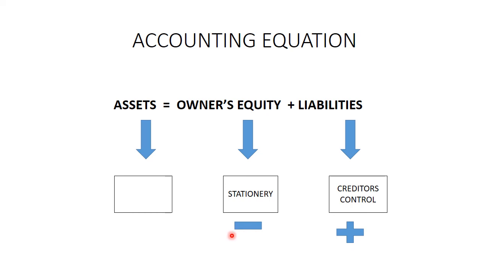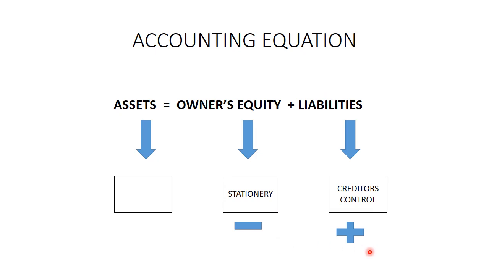By buying stationery, your expenses are increasing, but the effect of this increase with regard to owner's equity is that it reduces your profit. That is why it's negative.